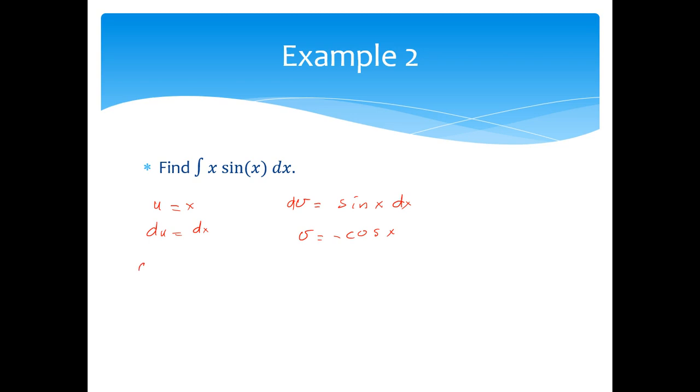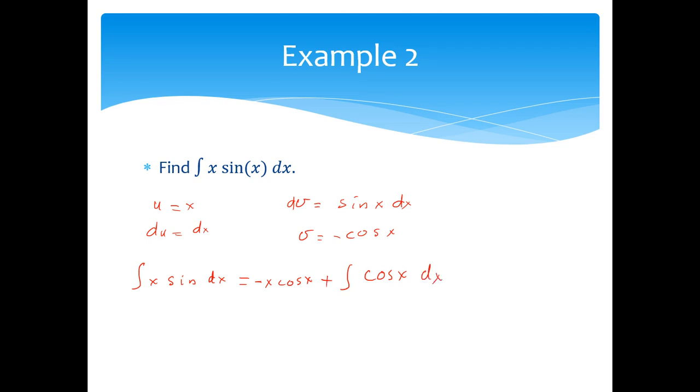Applying the rule to x sine of x dx, I have u times v, which is negative x cosine of x, minus the integral of negative cosine of x dx. So negative and negative become positive.